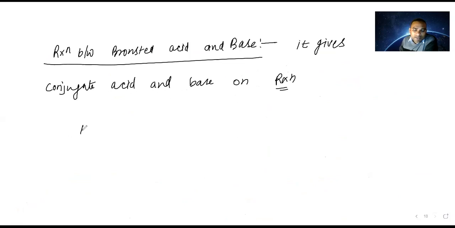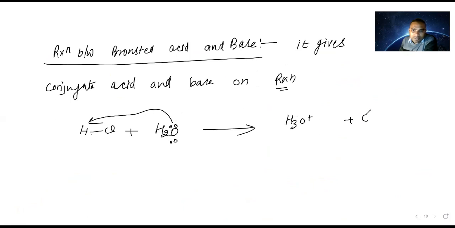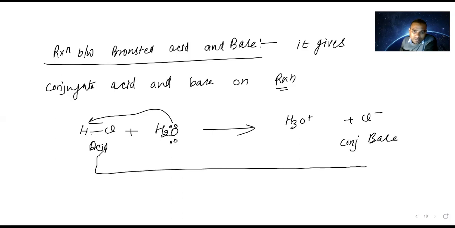Suppose I am talking about HCl, and you take H2O now. So it will form H3O plus and Cl minus. Cl minus is going to be the base, the conjugate base, because this is the acid, and an acid has a conjugate base, right?